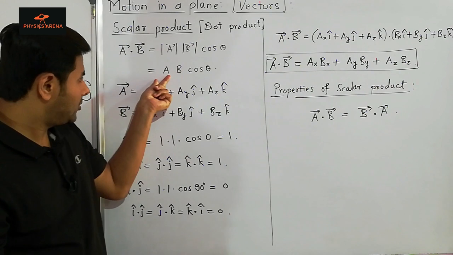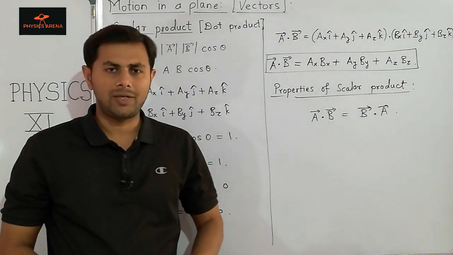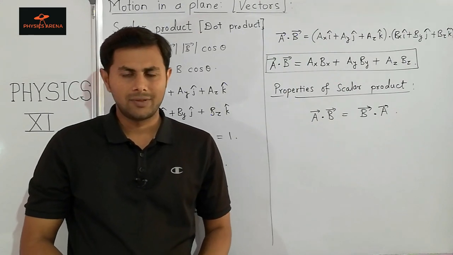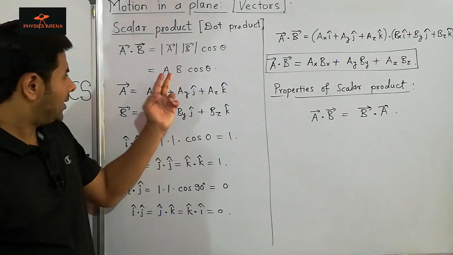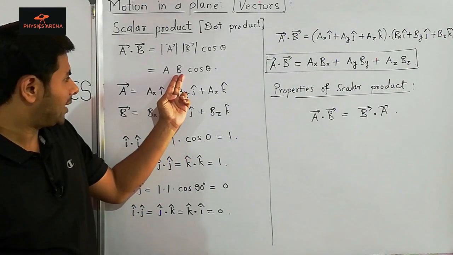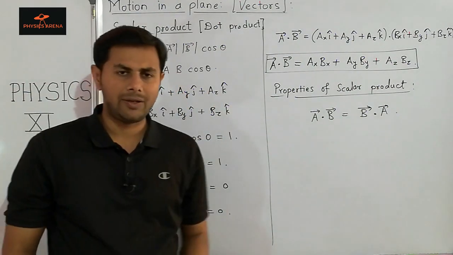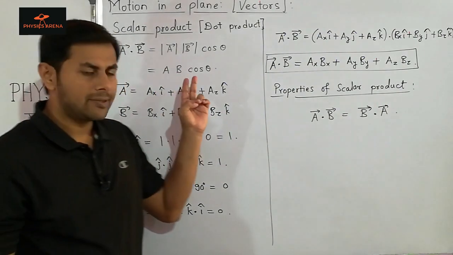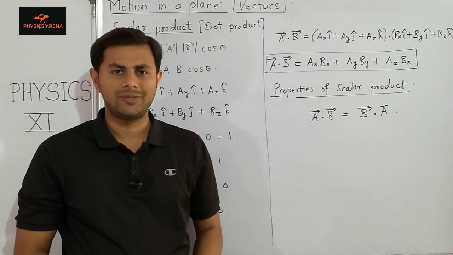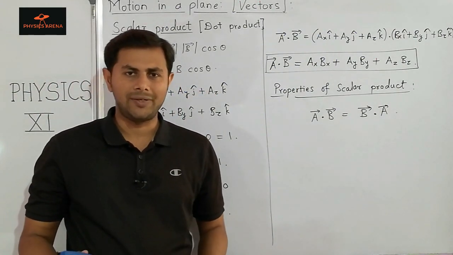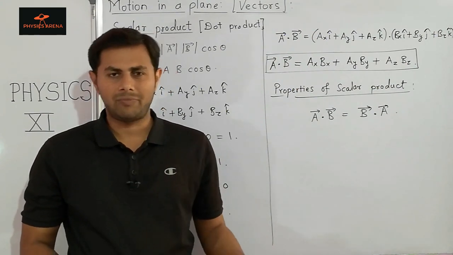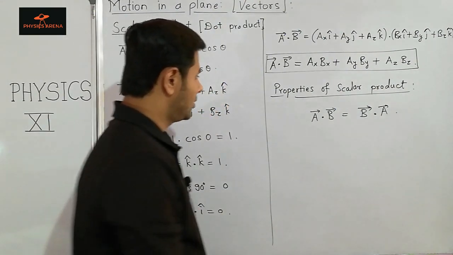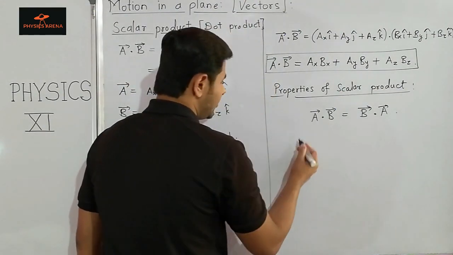It is magnitude of A into magnitude of B multiplied by cosine of the angle between two vectors. So b bar dot a bar will be magnitude of B into magnitude of A into cosine of the angle between two vectors. And since magnitudes are numbers, whether I multiply A with B or B with A, it's the same thing. So this is obvious. This is called the commutative property.